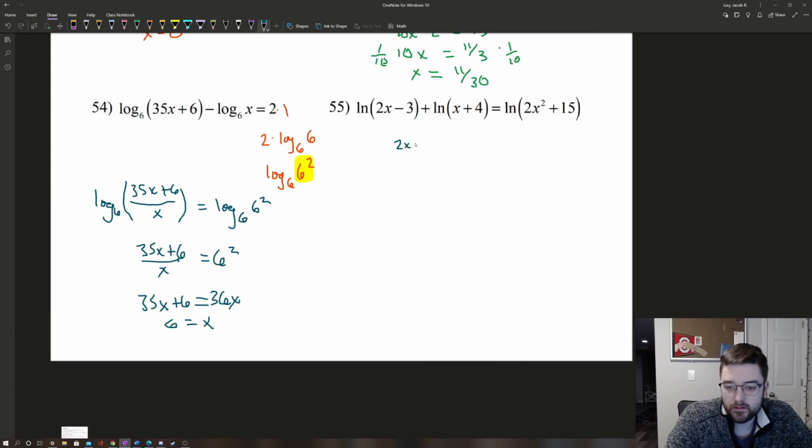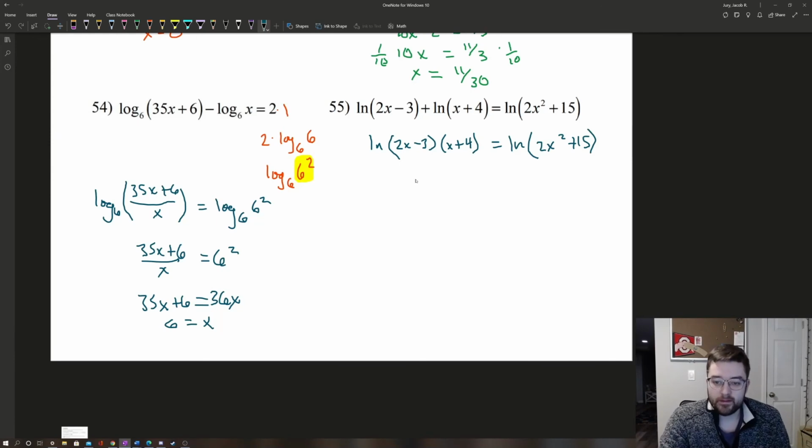So 2x minus 3 and x plus 4 are in a logarithm together, and they equal this other logarithm on the right side of the equation. So now that I've established this, I can set my arguments equal to each other. So what I'm going to do is multiply this 2x minus 3 times x plus 4 and combine like terms, and then I'm just off with an algebra problem.